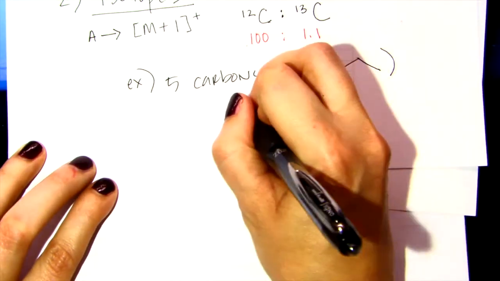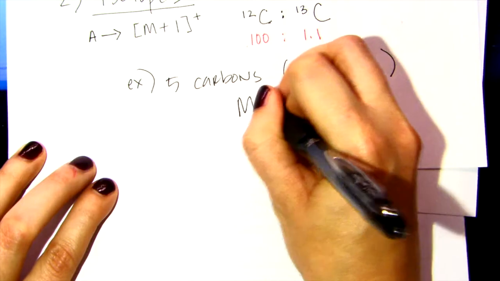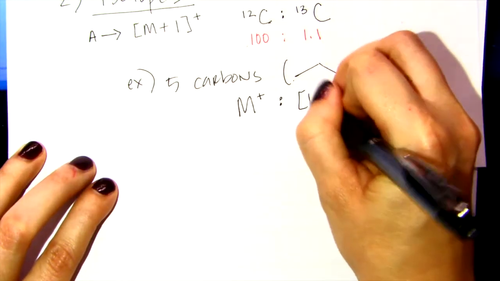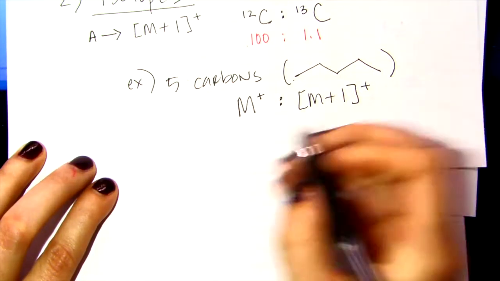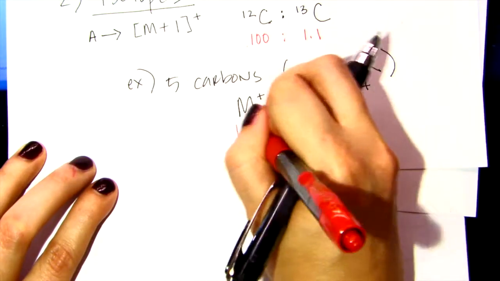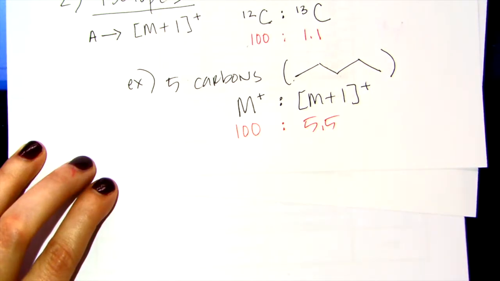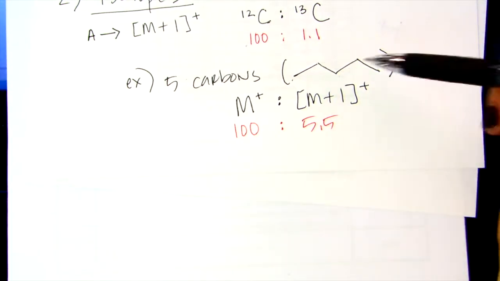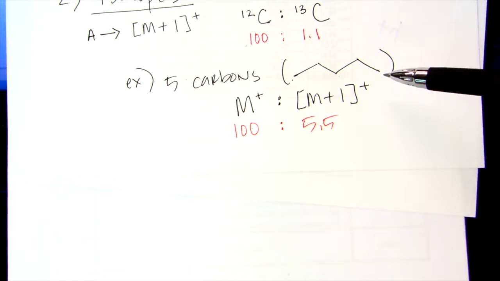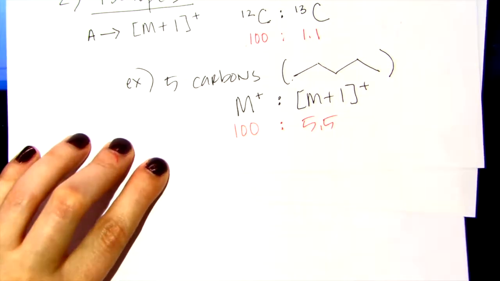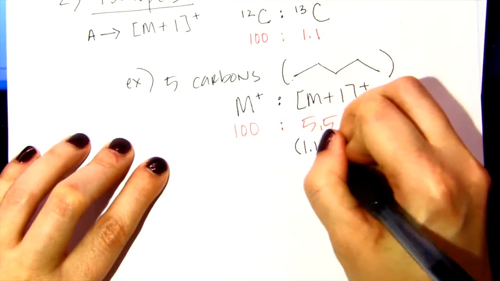And so the ratio of your M+ peak to your M+1 peak increases. So it's no longer 100 to 1.1, it's now 100 to 5.5, right? Because you're increasing the chance that one of your molecules is going to contain a carbon-13 atom, because you've increased your chances by 5. So you increase the abundance by 5. That's getting picked up by the detector, right? So this number represents 1.1 times 5.